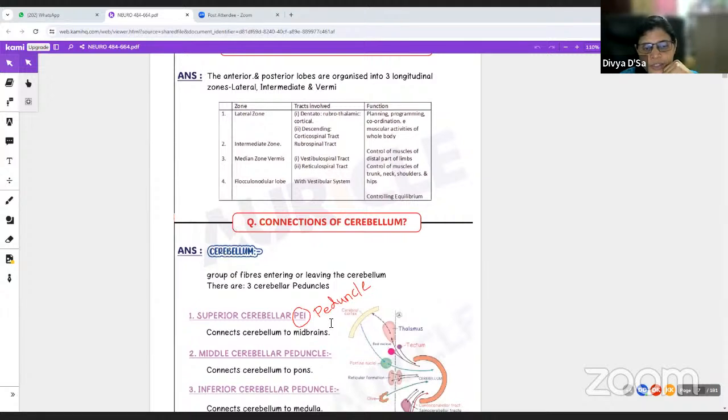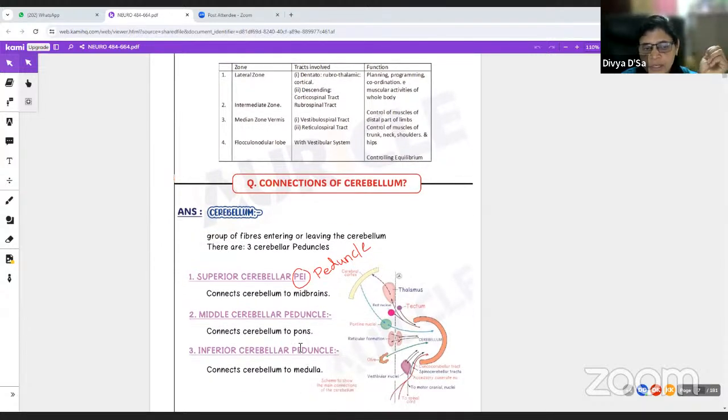So connections. The cerebellum has ascending and descending tracts, afferent and efferent, coming to the cerebellum and going away from the cerebellum, from different parts of the brain. This cerebellum is connected to the different parts by these peduncles. There is the superior cerebellar peduncle, which connects the cerebellum to the midbrain.